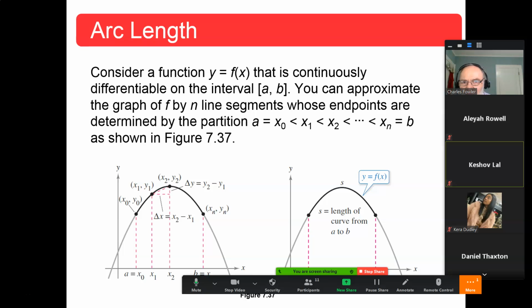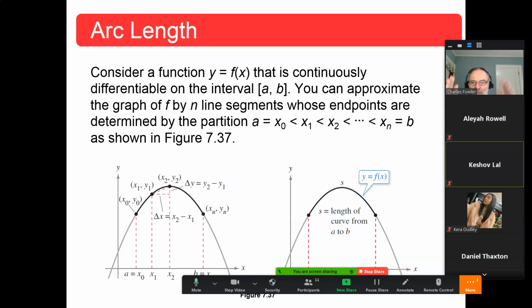Consider a function y equals f of x that is continuously differentiable on some interval from a to b. You can approximate the graph of f by n little line segments whose endpoints are determined by the partition a equals x0, and then there's some other partition x1, x2, x3, x4, and the last one, x sub n, is at b.